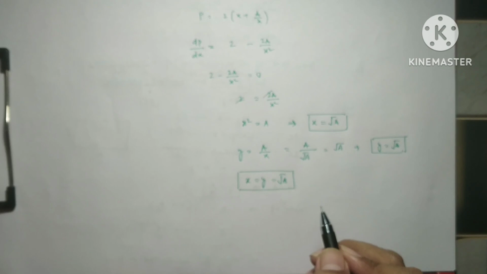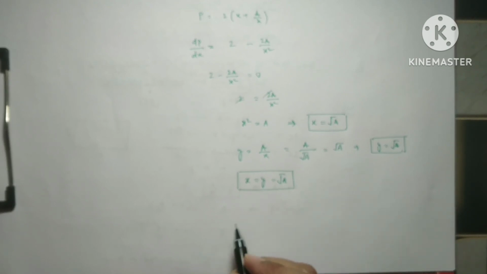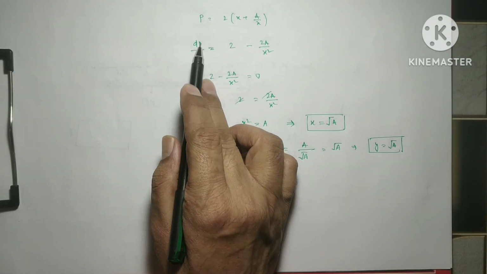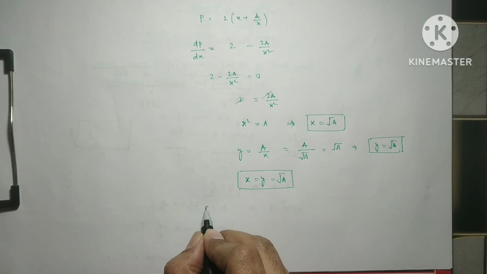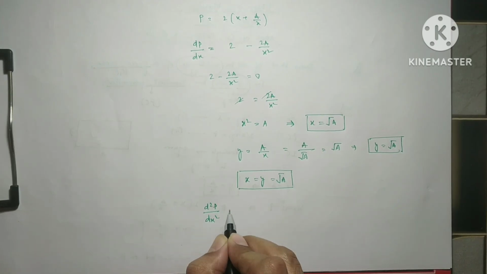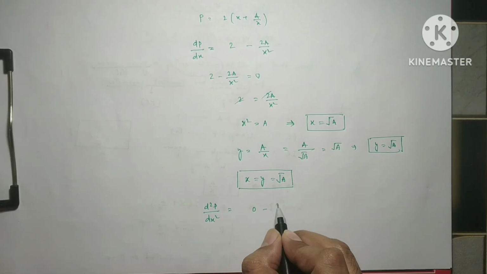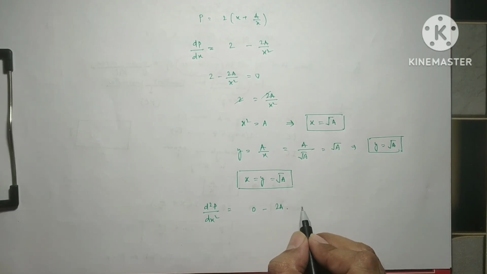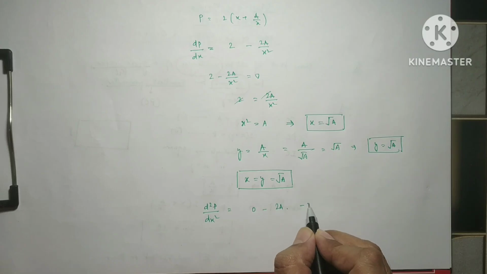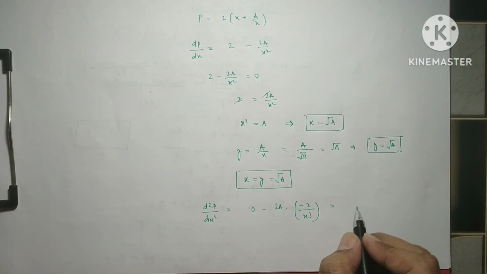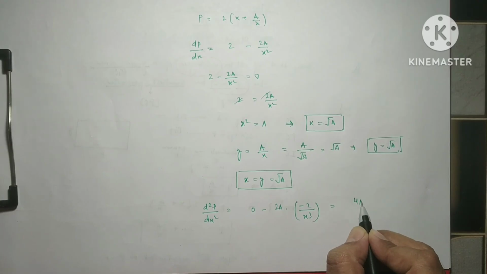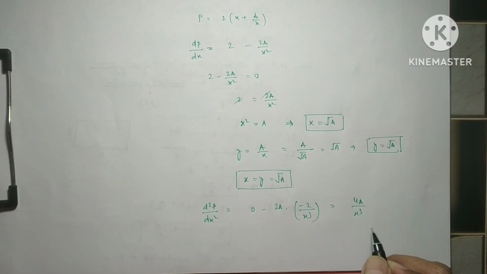But the perimeter should be least. So we will take the second derivative of the perimeter. That will be d2p over dx square, which is 0 minus 2a times minus 2 over x cube. That gives you the value 4a over x cube.